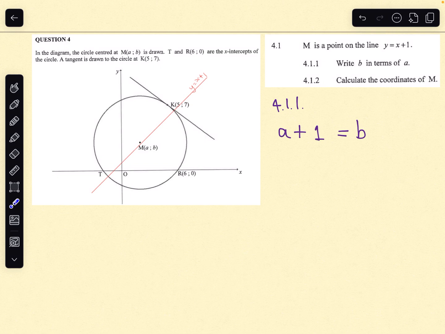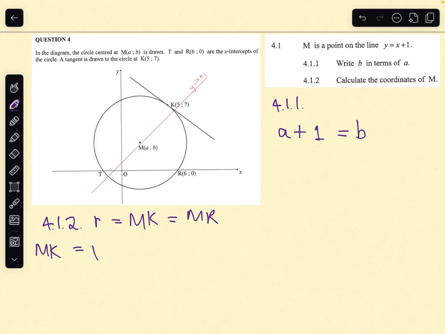Okay, so what can we do? We know 2 of the points on the circle, and we know that the radius of a circle is constant. So the distance from here to here is the same as the distance from here to here. So let's just formulate that for ourselves. So r, the radius of the circle, is the length of MK, which is also the length of MR. So let's start with the length of MK.